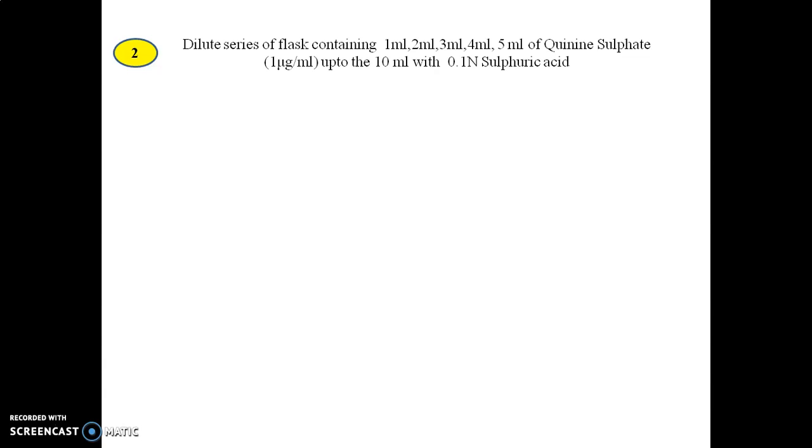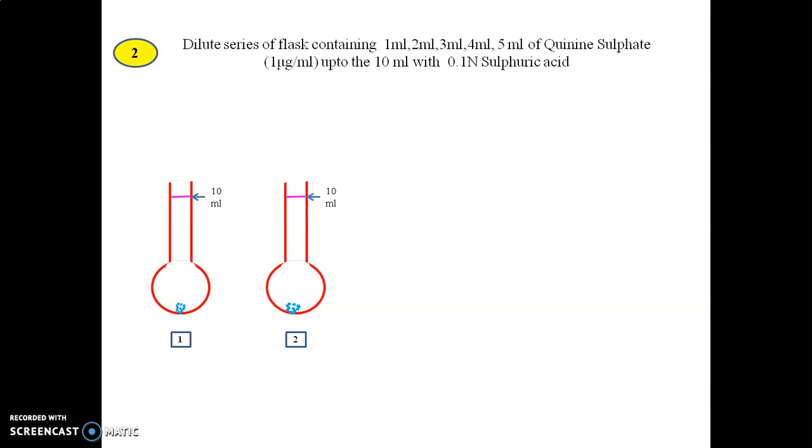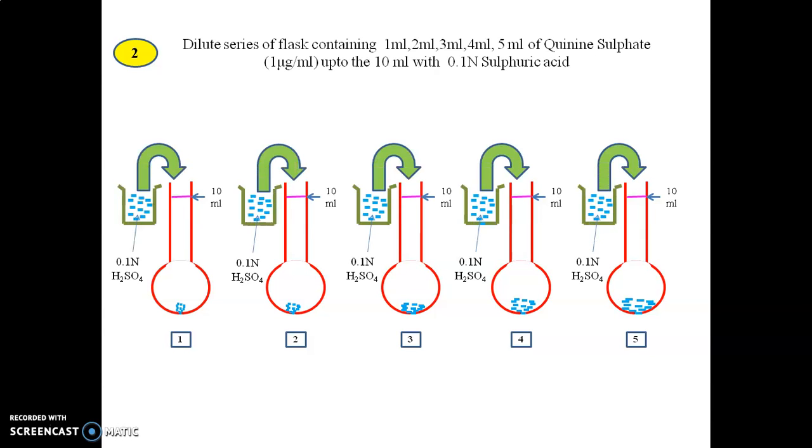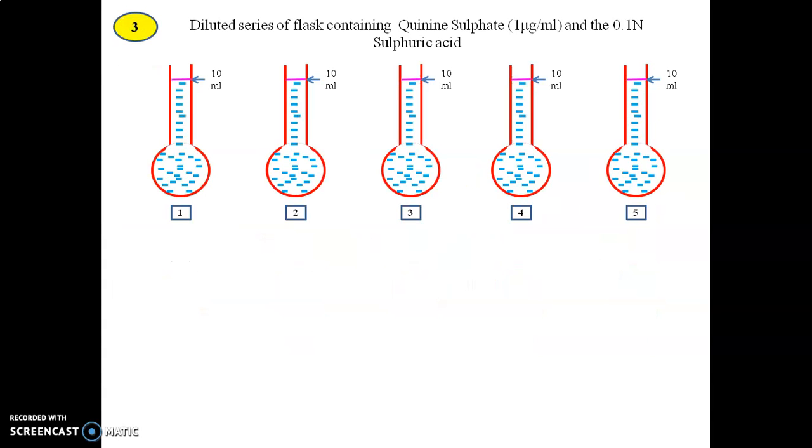Then dilute the series of flasks containing 1 to 5 ml of quinine sulfate up to 10 ml with 0.1 normal sulfuric acid solution. So these are the diluted series of flasks containing quinine sulfate and the 0.1 normal sulfuric acid solution.